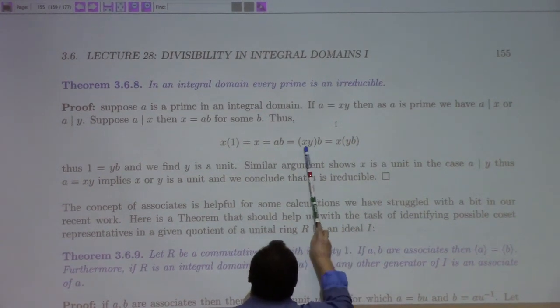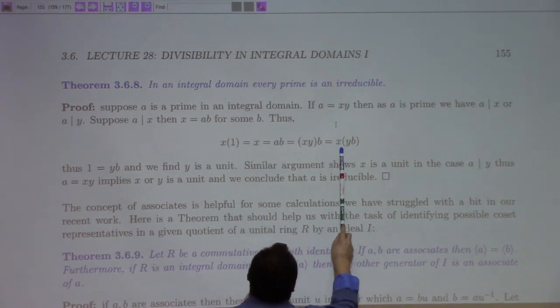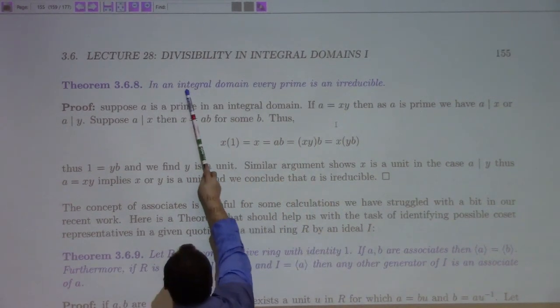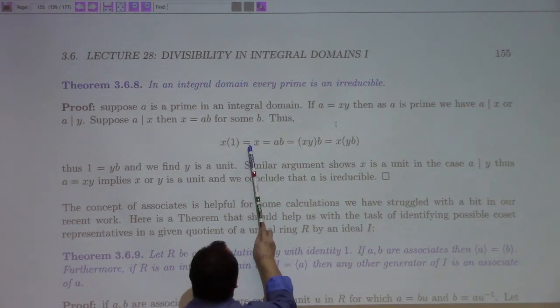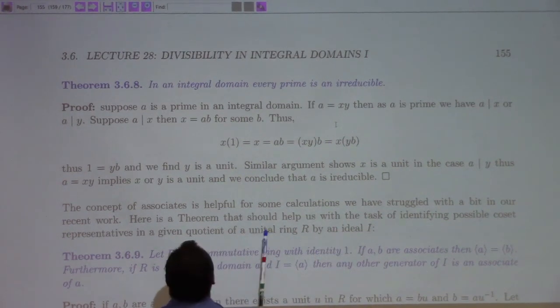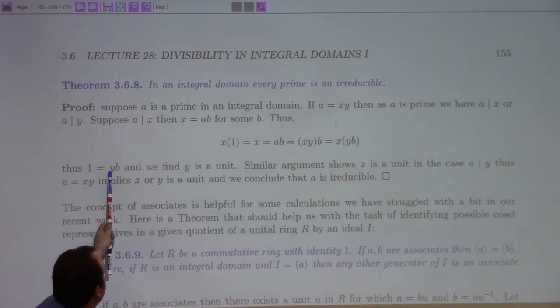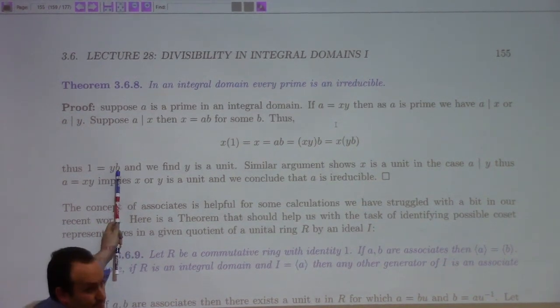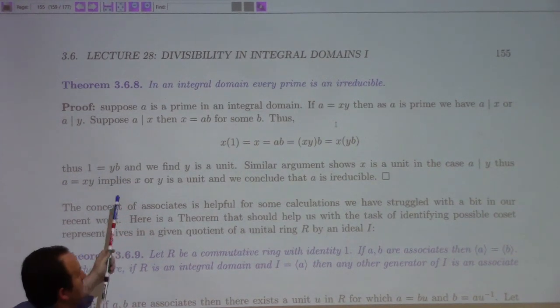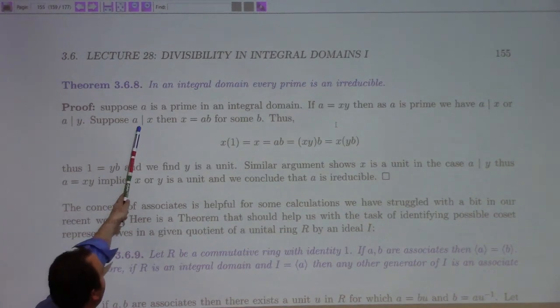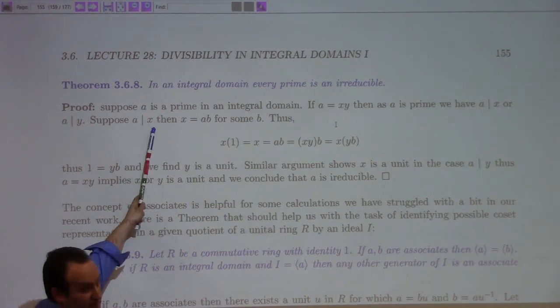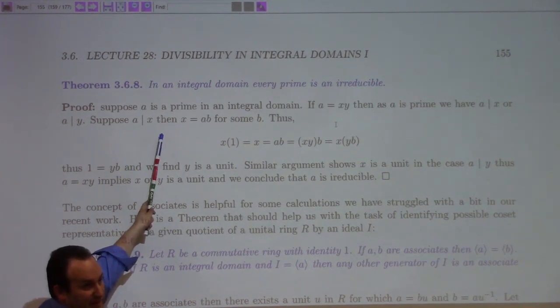But then we've got x times 1 equals x times yb. We're in an integral domain where we have cancellation, so that gives us that 1 is equal to yb. Which means the only way you can have 1 equal to yb is if y is a unit. So in the context that a divides x, that proves the other one is a unit, which means it's not a proper decomposition.